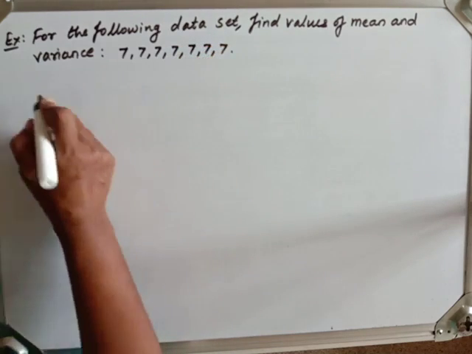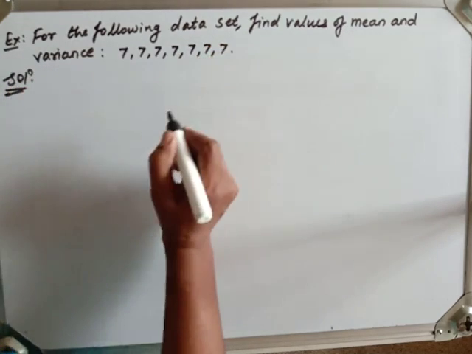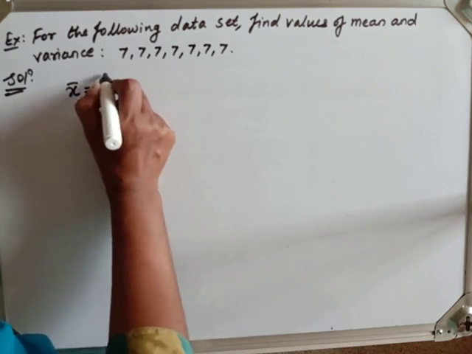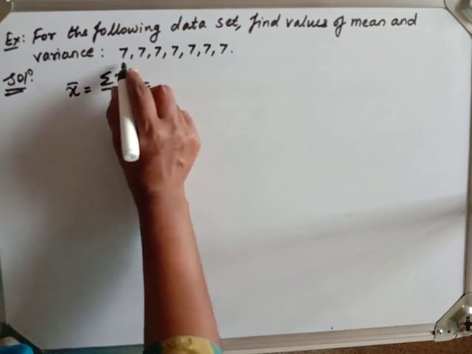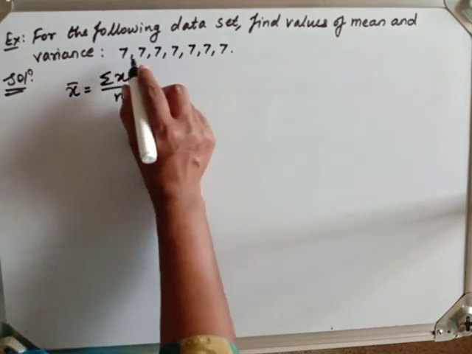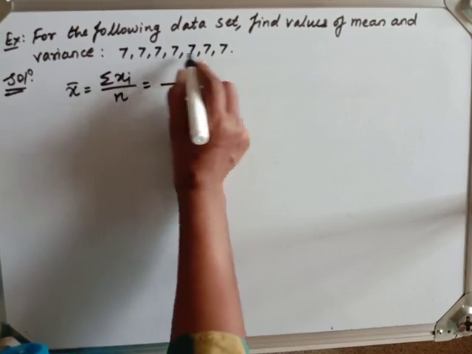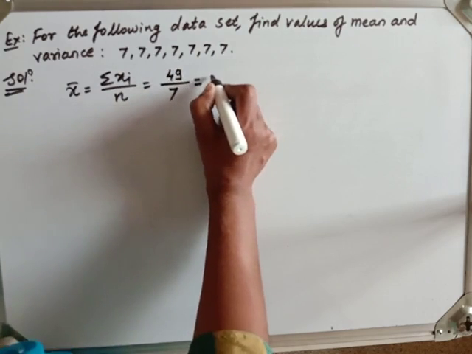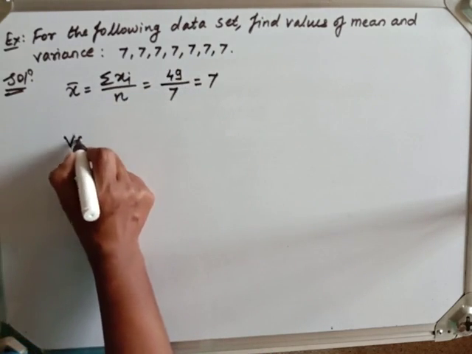This is given to us. Now all observations are the same. Let us see what is mean and variance. So x bar is summation xi upon n. Here this 7 is given 7 times, so n will be 7. And the sum of 7 times 7 will be 49. So we get x bar as 7.